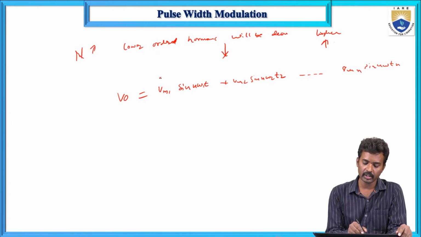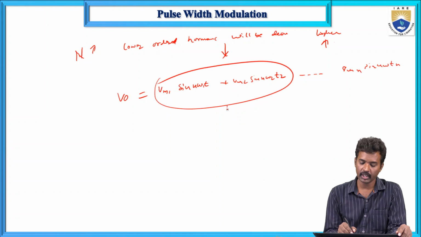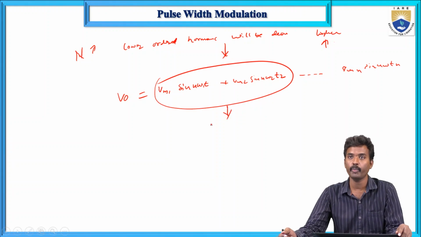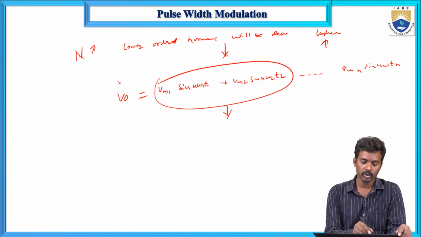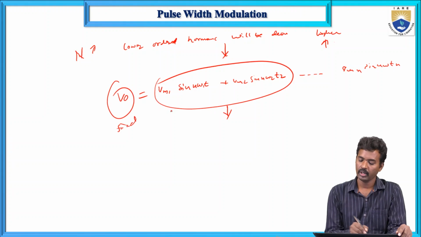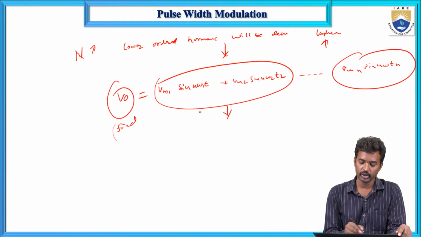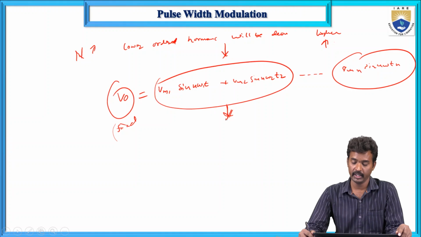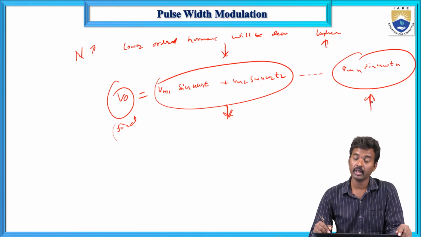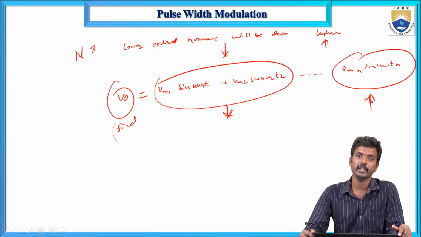So the lower order harmonics are decreasing by increasing the number of pulses. Since the output is fixed, when lower order harmonics decrease, the higher order harmonics automatically increase.